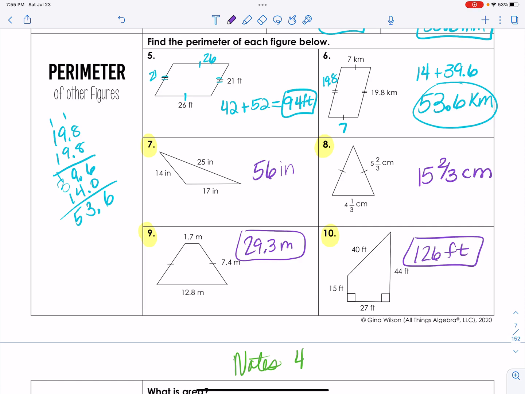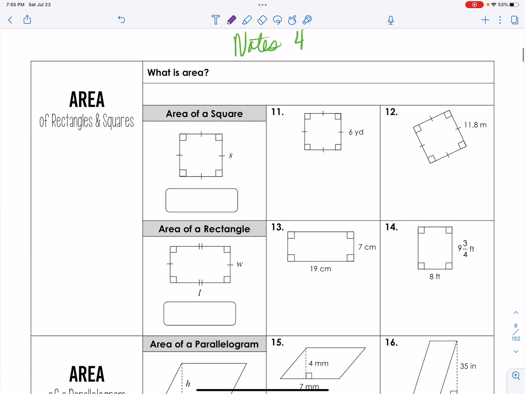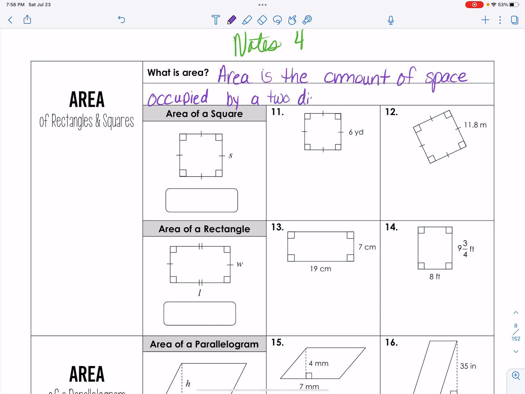Okay, the other thing we're going to look at is area. Area is the amount of space occupied by a two-dimensional figure.